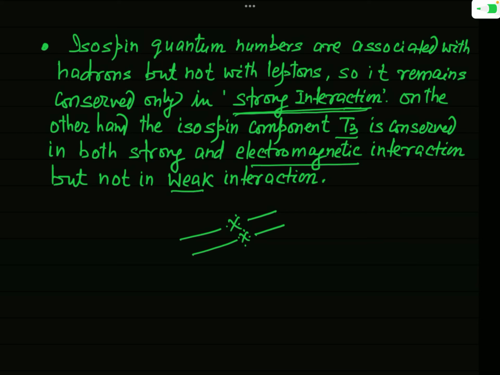The answer will be strong interaction. But if the question is in which interaction T3 remains conserved, the answer will be both the strong and electromagnetic interaction. I hope you have understood the idea of the isospin quantum number.